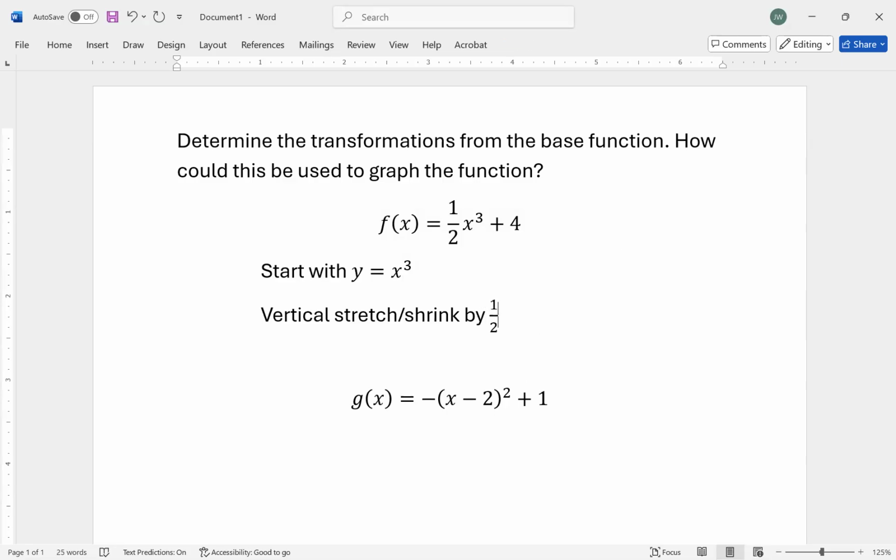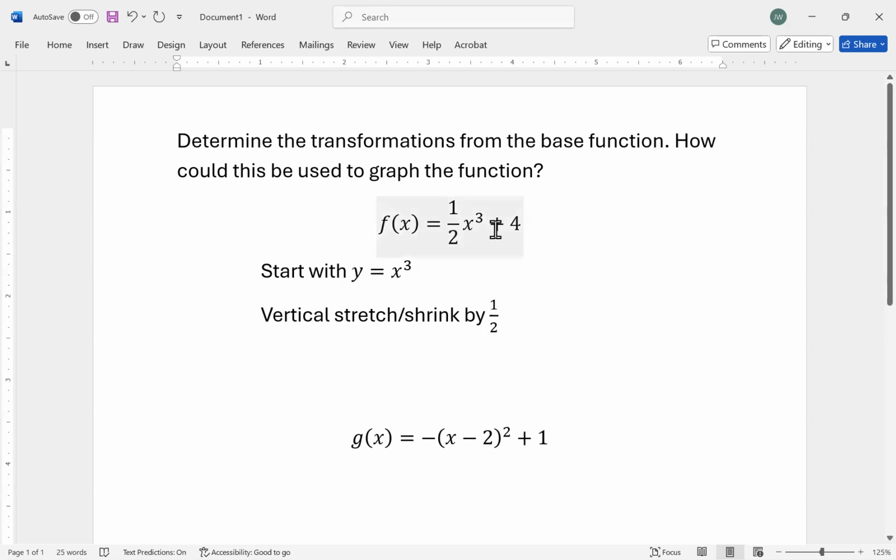Technically, it's going to be a shrink. And then I'm going to add 4. So then I'm going to do a vertical shift up by 4.